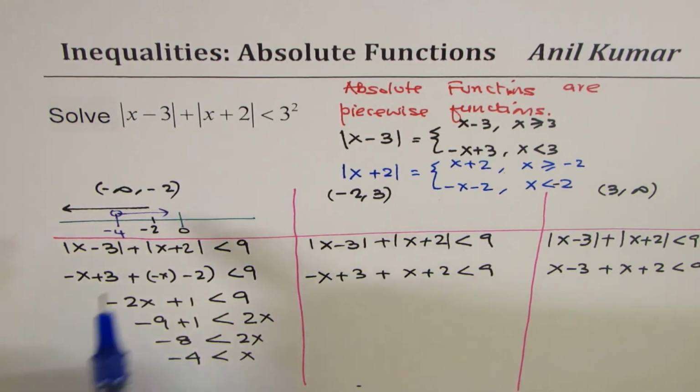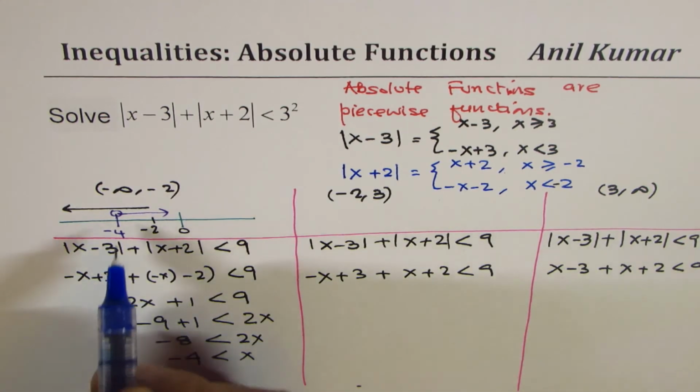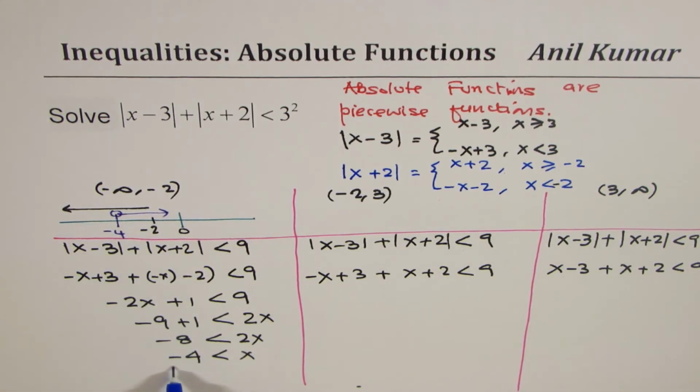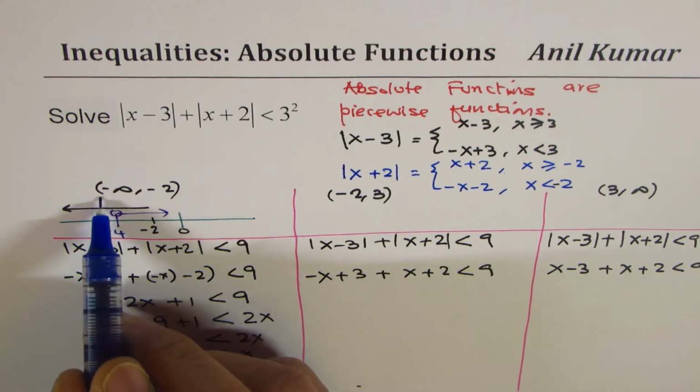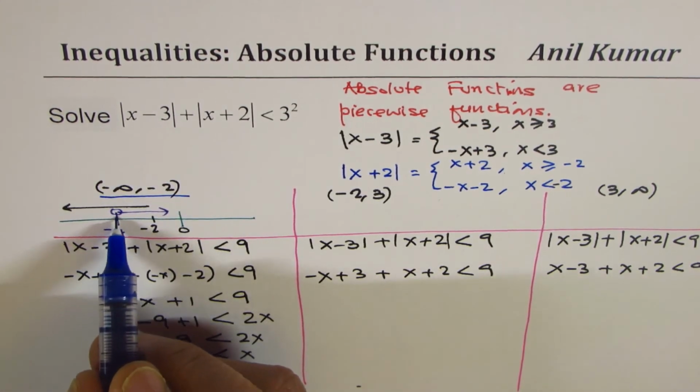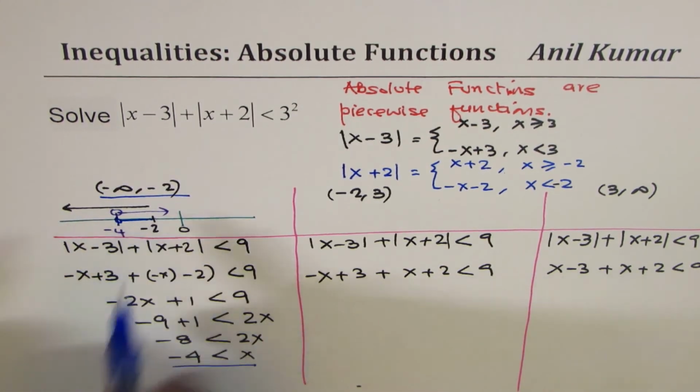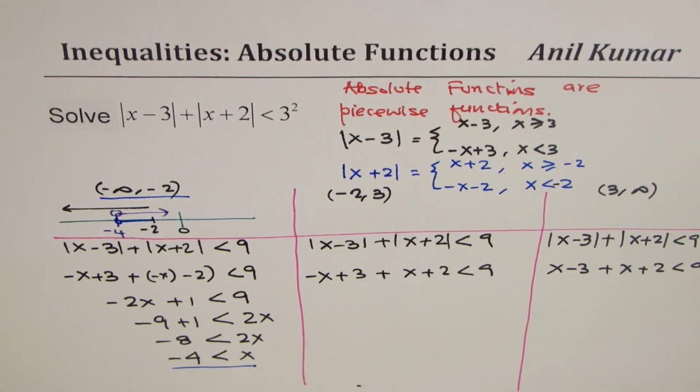So whatever overlaps is the real solution. The value which overlaps between this and the interval is basically from minus 4 to minus 2. Do you see that? So from minus 4 to minus 2. Correct? We will not include minus 2 since we are talking about x is greater than.